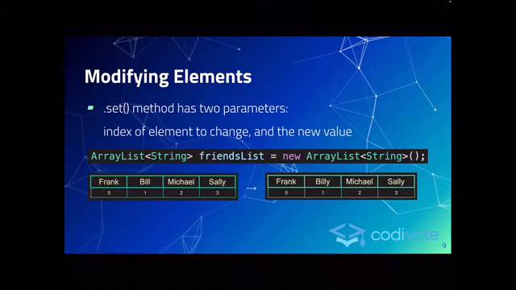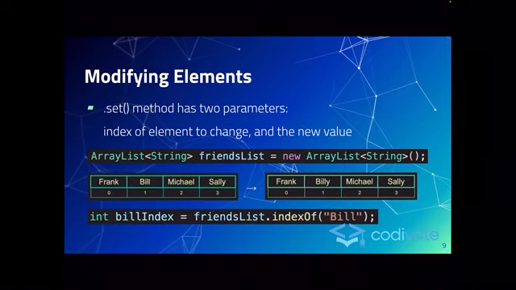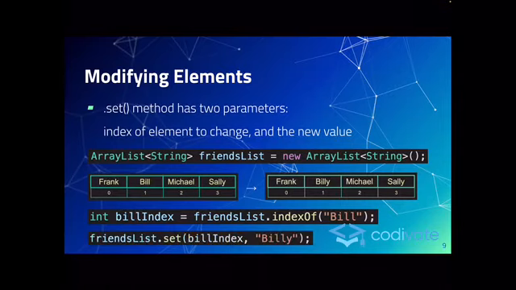Let's say we have this following initial setting: Frank at index 0, Bill at index 1, Michael at index 2, and Sally at index 3. If we do billIndex is friendsList.indexOf("Bill"), it will find the index of Bill and set it to billIndex. So we will get billIndex is equal to 1.